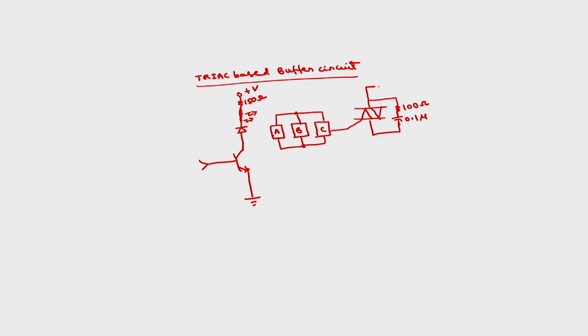So this voltage here will be high voltage, of the order of 120 volts AC, alternating current, and the load here will be a heater. This will act as a load, heater.